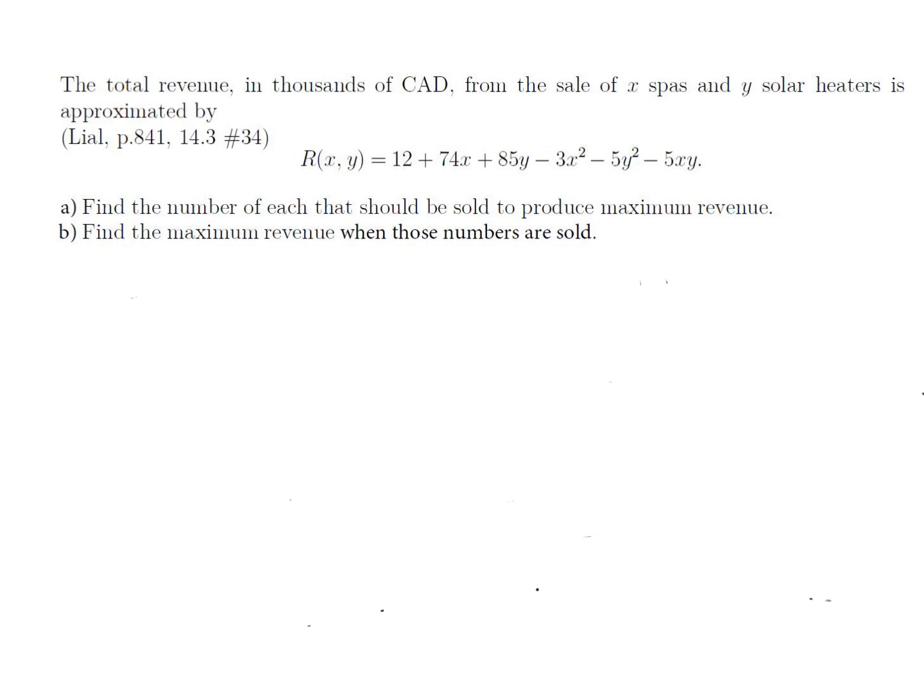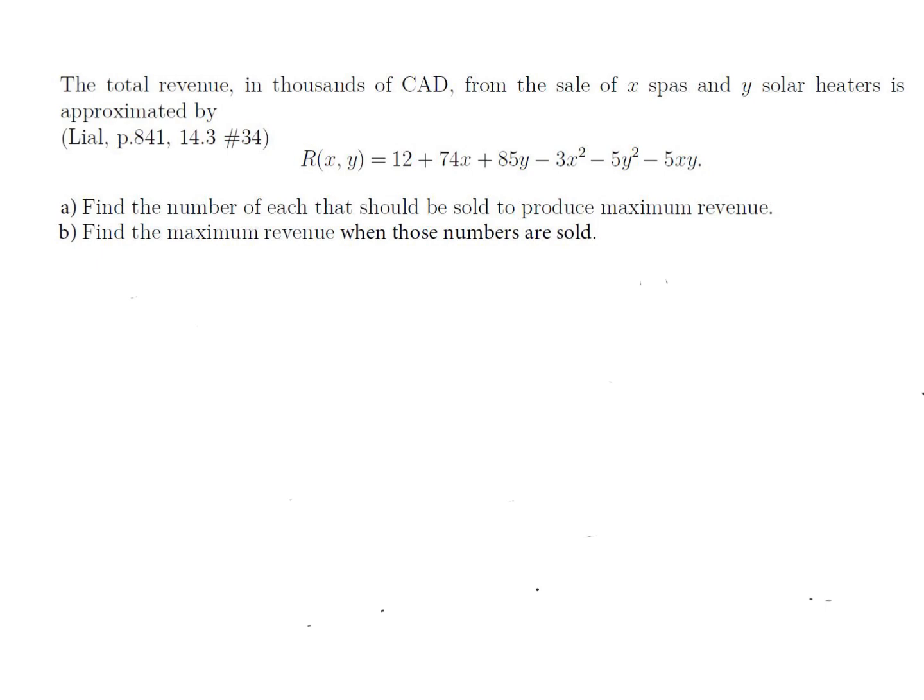So here it says the total revenue in thousands of Canadian dollars from the sale of x spas and y solar heaters is approximated by this function. So again, it's a revenue function. Businesses want to maximize their revenue. So we're looking for the number of each type of product, spas and solar heaters, that should be sold to produce maximum revenue.